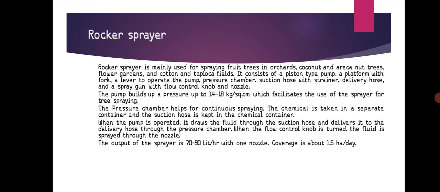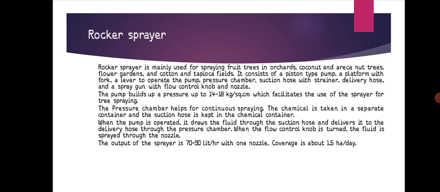The pump builds up a pressure of 1.4 to 1.8 kg per square centimeter, which facilitates the use of the sprayer for tree spraying. The pressure chamber helps continuous spraying.